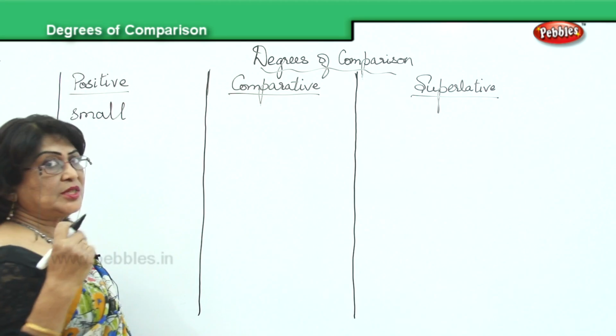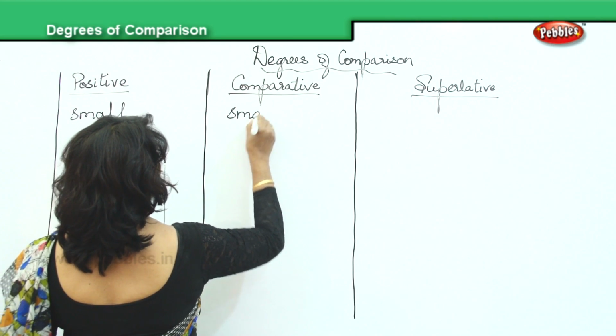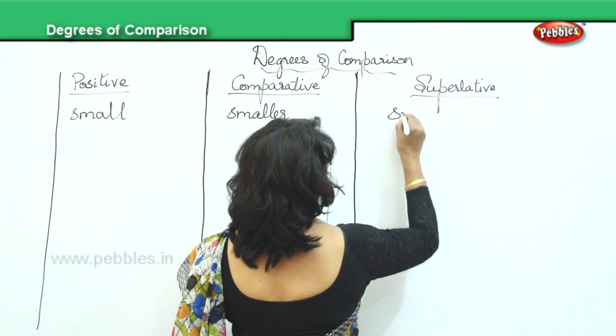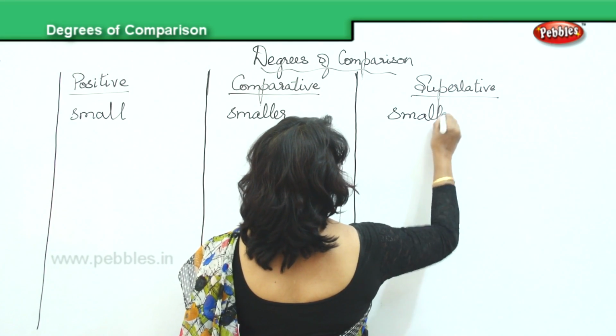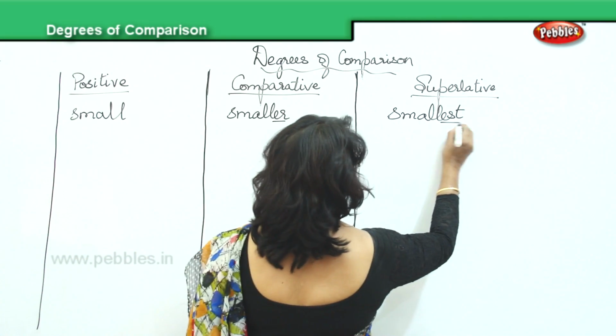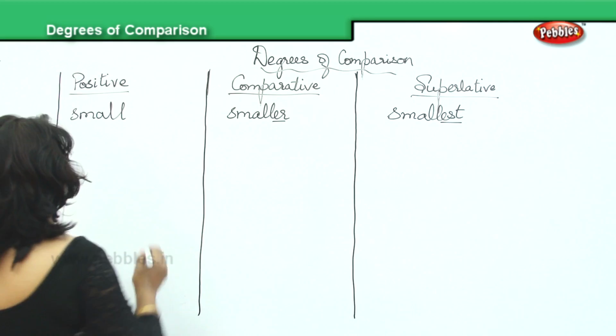Small. It is just one syllable. Smaller and smallest. So, we add ER and EST for comparative and superlative.